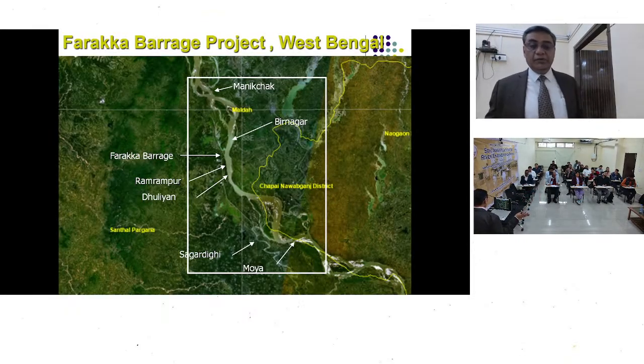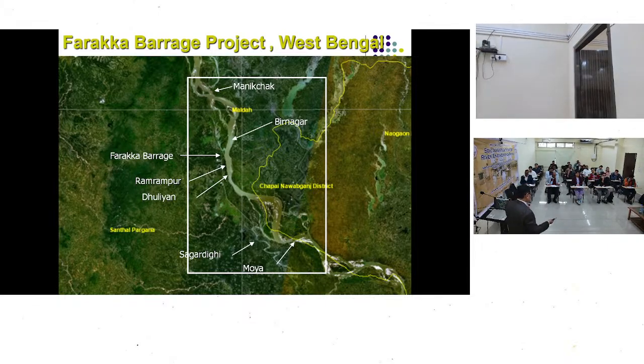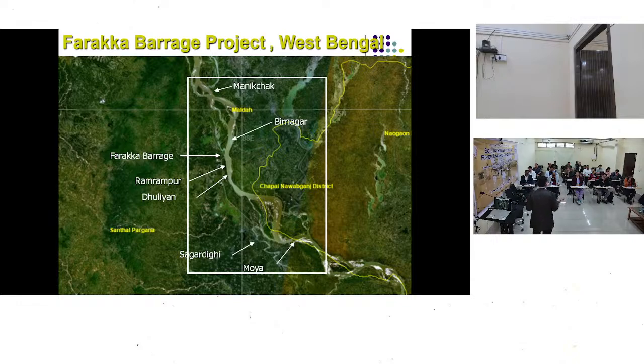This is the example of Farakka, where geotextile has been used as one of the major components. You might know the Farakka barrage is one of the longest barrages, 2.5 kilometers, and at this barrage the river Ganges is like an ocean.